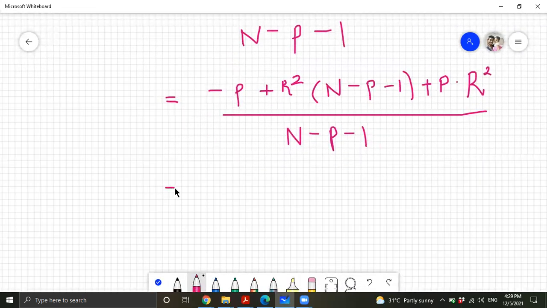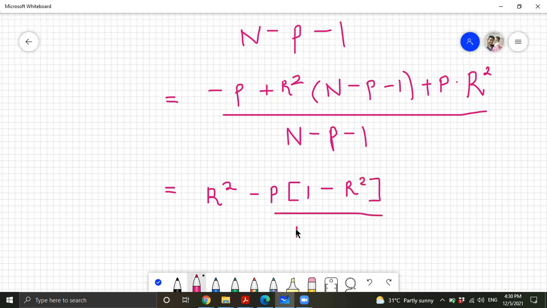From this I can cancel these terms, so that will make r square. And here, there is also p and p, so I'm going to take minus p as a factor, so minus p into 1, that is minus p. And here, because it's plus, I need to put r square.